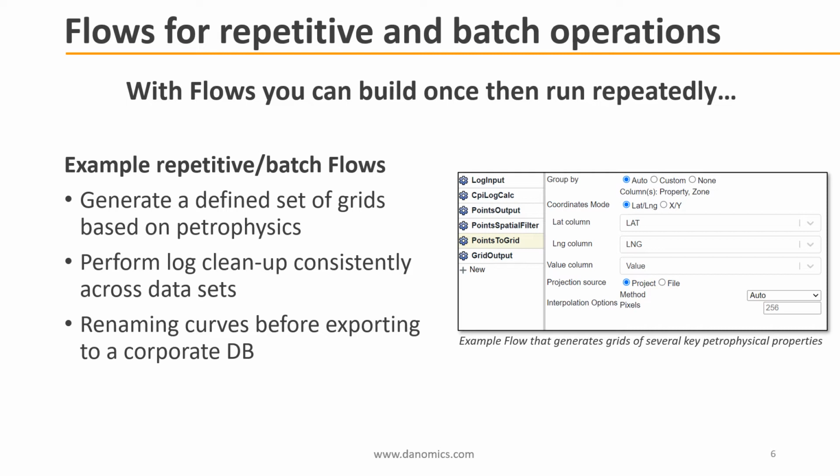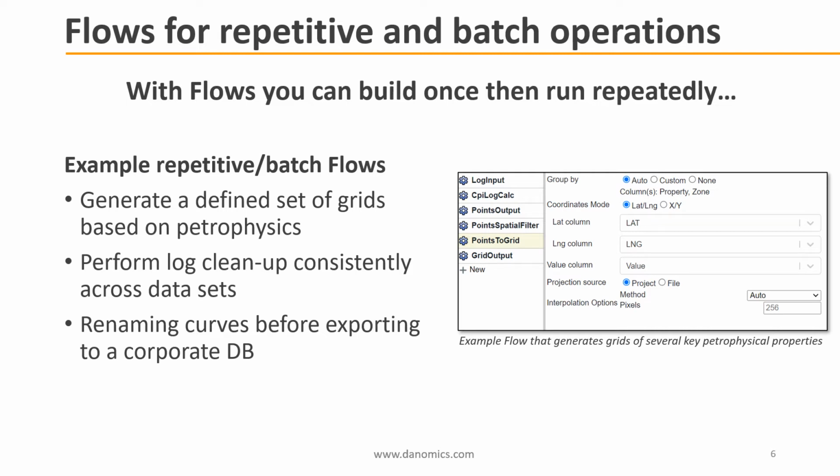When you think about repetitive and batch operations, I wanted to make that a bit more clear. The idea is that with flows, you build once and then run repeatedly. Let's say you wanted to generate a set of grids based on your petrophysical interpretations, and maybe you're always generating the same set. Let's say average clay volume, average total porosity, effective porosity, saturation, net reservoir, net pay, etc. You could set up a flow to perform that, and then you work on your petrophysics project.